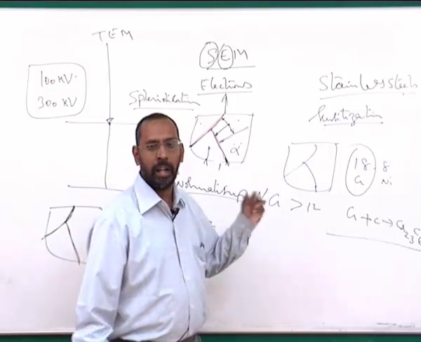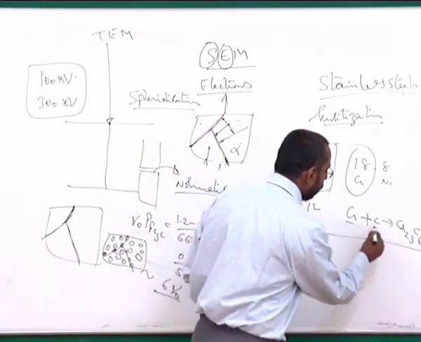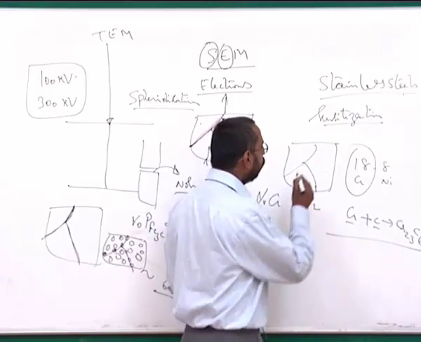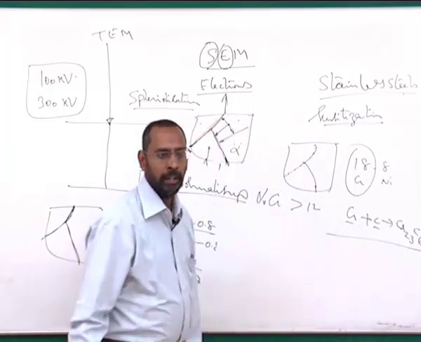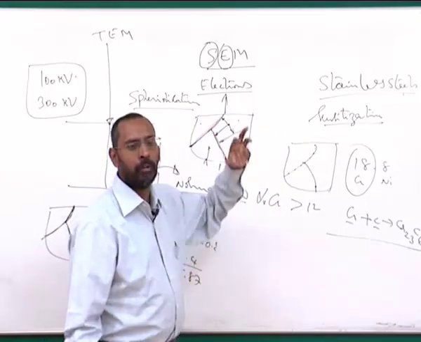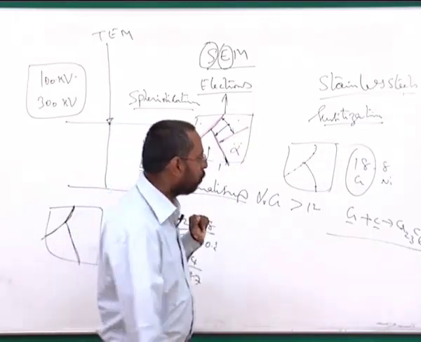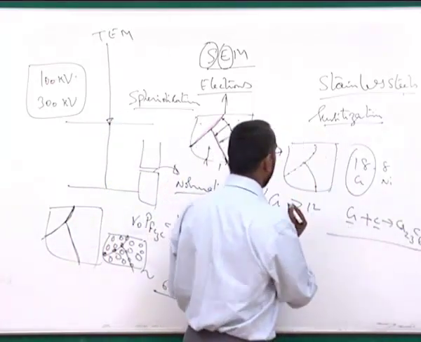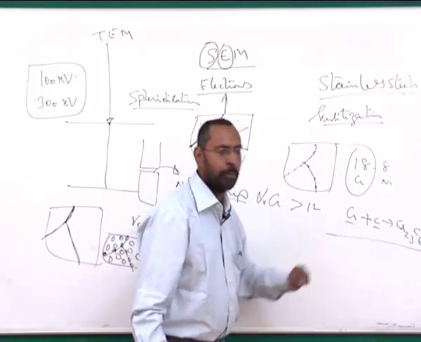In case your steel has some carbon in it, this chromium will react with the carbon, and this reaction usually happens at the grain boundaries more easily. Because at the grain boundaries the diffusivities are higher, since grain boundaries are more open structures, the diffusion of atoms can easily happen. So Cr23C6 precipitates at the grain boundaries by the reaction of chromium with carbon.